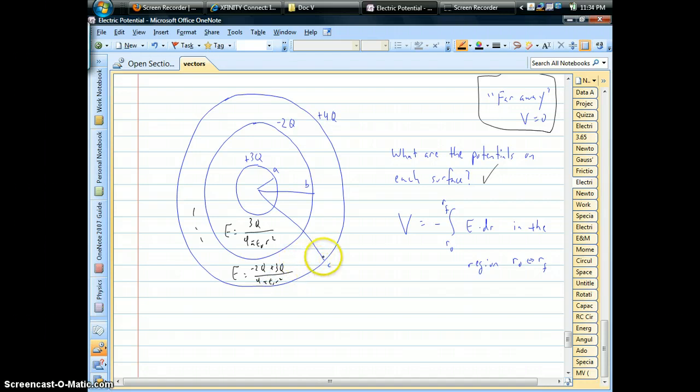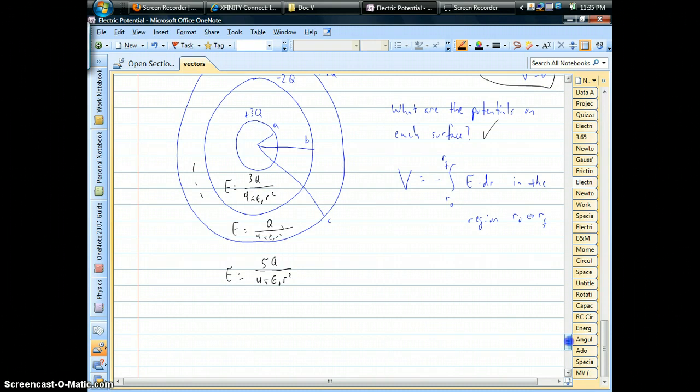Okay, so between B and C, let me just simplify that numerator there, just a plus q, plus 1q. And if we're outside the whole system, we have 3q, negative 2q, positive 4q, and so that's going to be a total of 5q.